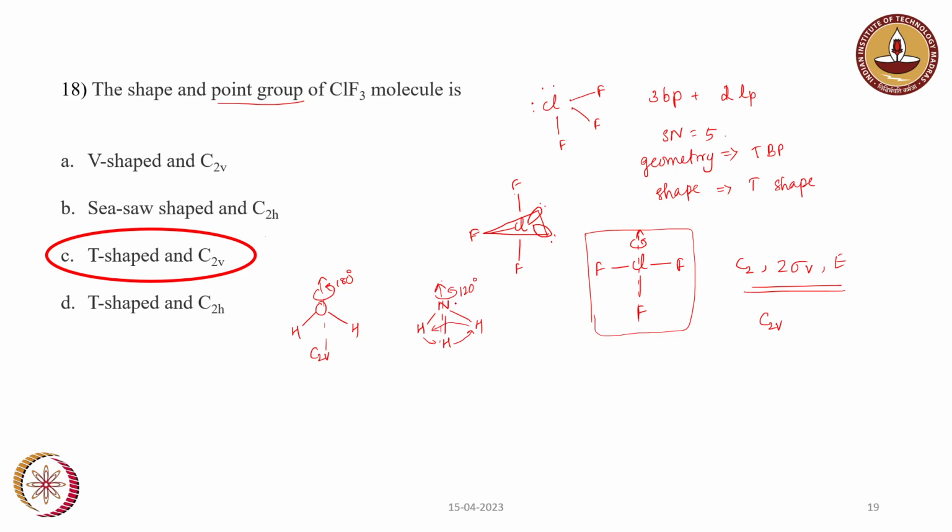The hydrogen is replaced by another hydrogen, so the structure will not change. So this structure is C3v. You will learn all about the point groups and the elements of the molecules in group theory.